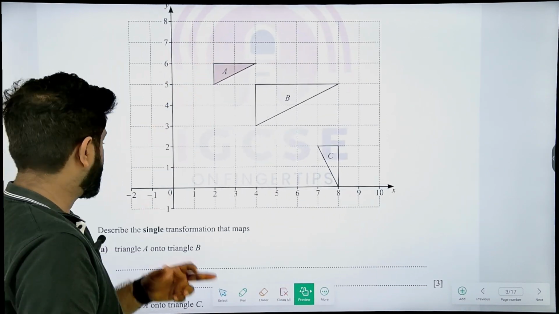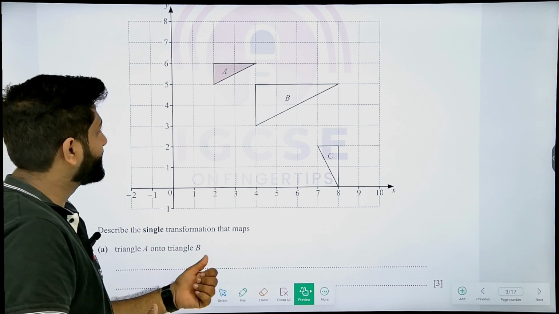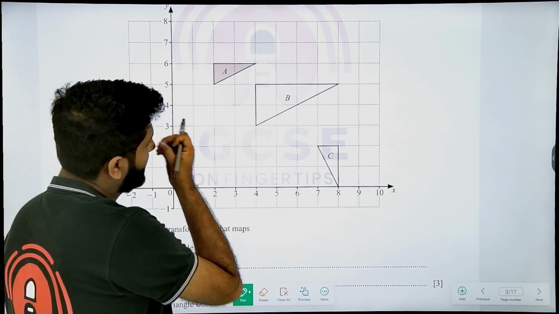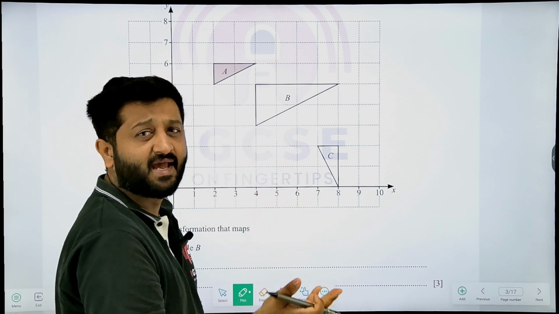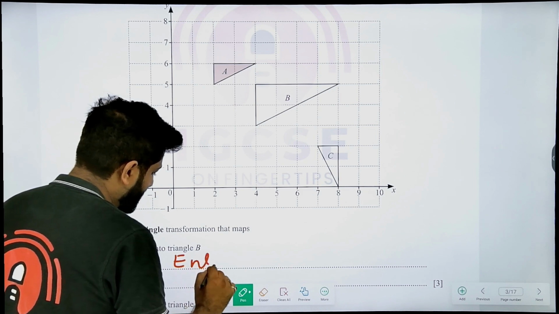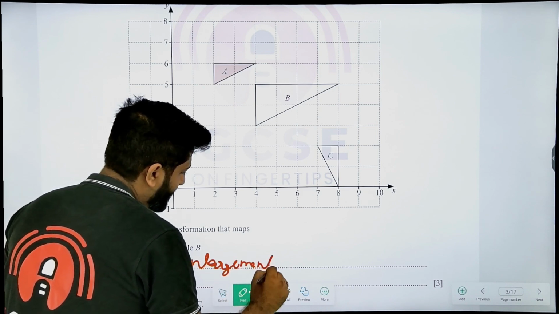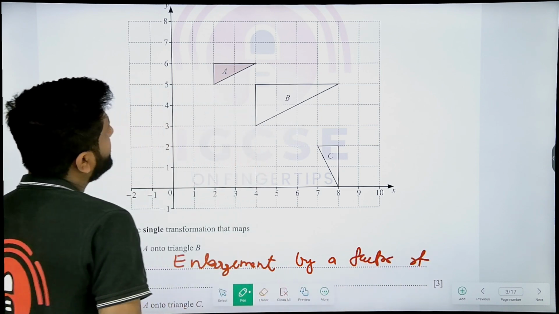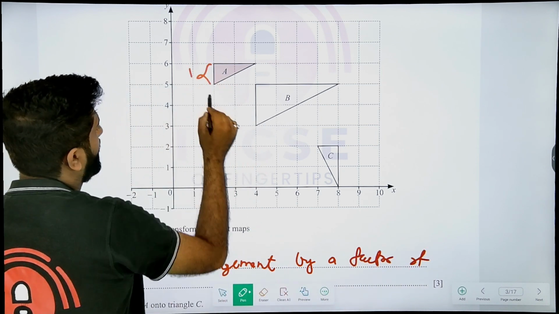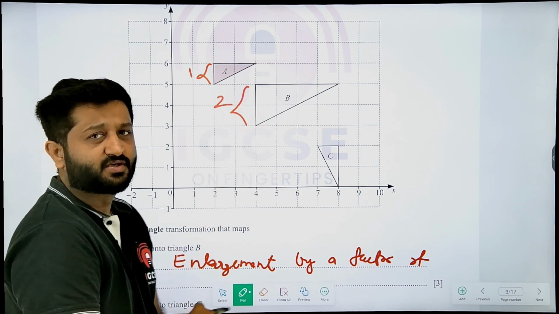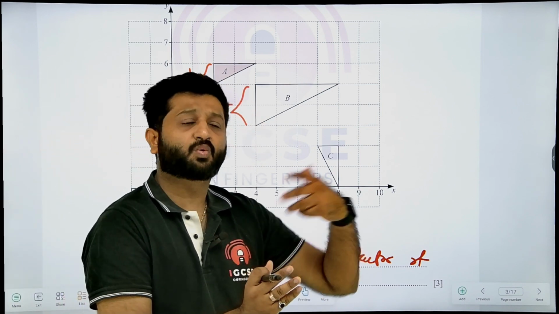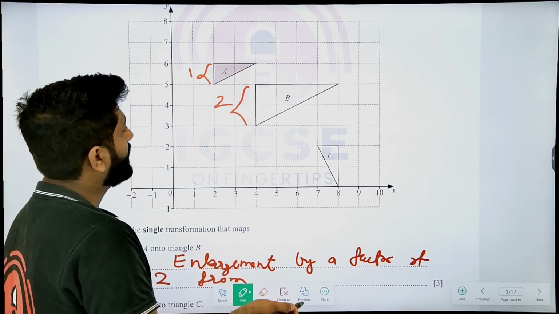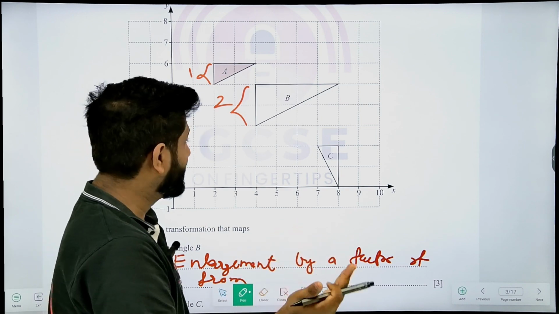The next question says, describe the single transformation that maps A onto B. I think A onto B is nothing but enlargement. So we can say this is enlargement by a factor of, and the factor is visible: this is 1 unit, this is 2 units. So the figure is getting enlarged by a factor of 2. You can always join the corresponding points to find the center.